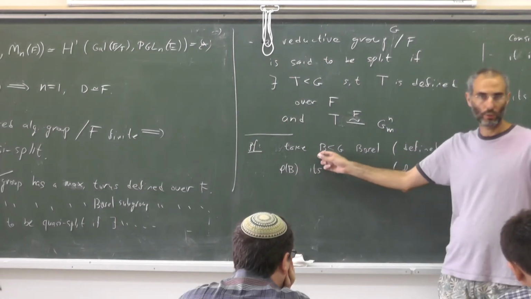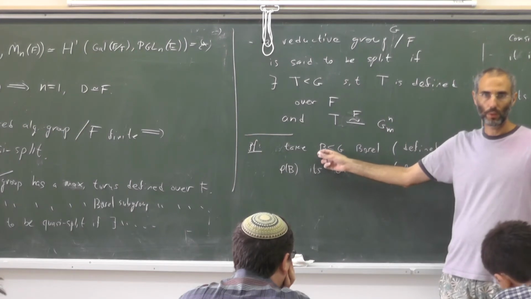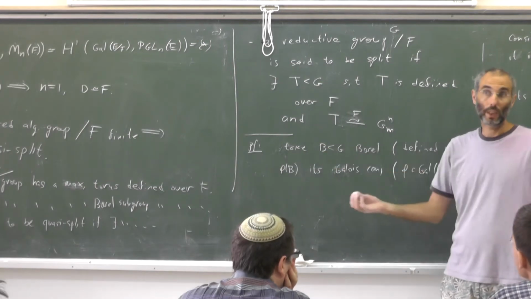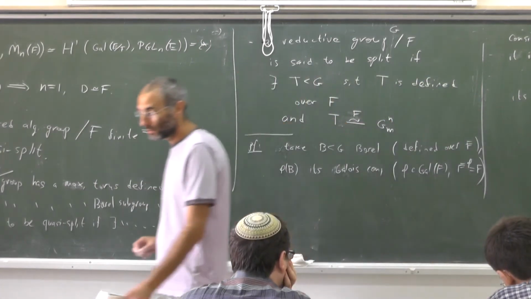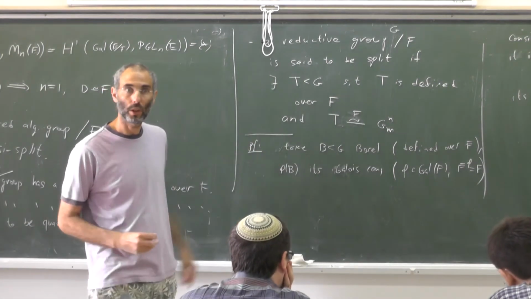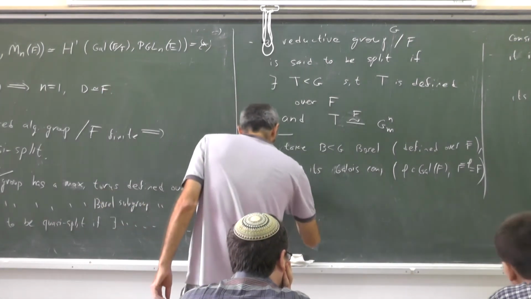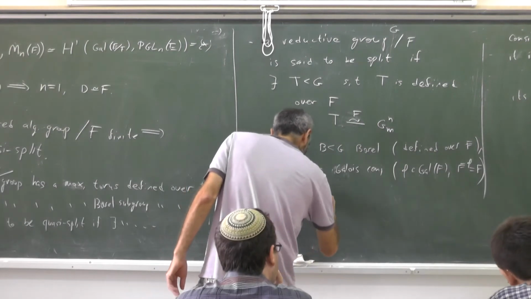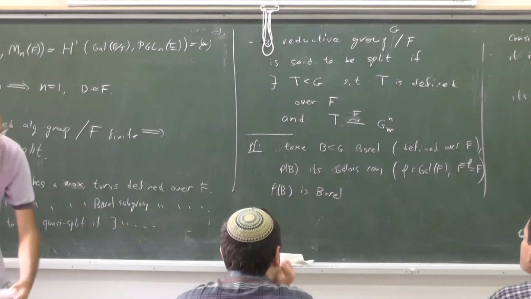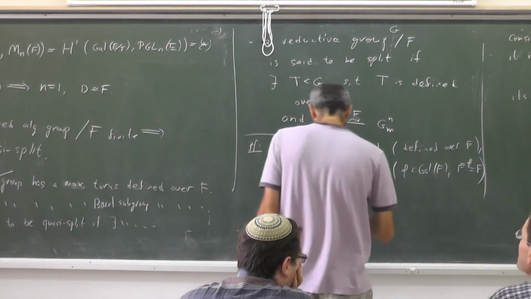Can you recall the definition of Borel? A Borel subgroup is a maximal connected solvable subgroup. Of course, phi of B has the same properties. Phi of B is Borel as well. It is defined in group-theoretic terms, and phi of B is Borel.